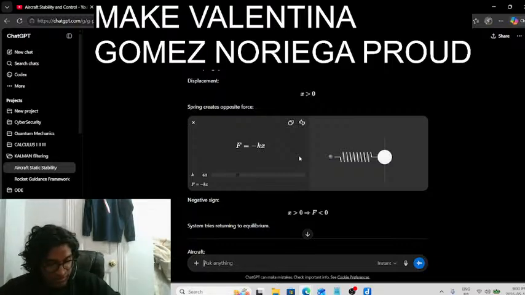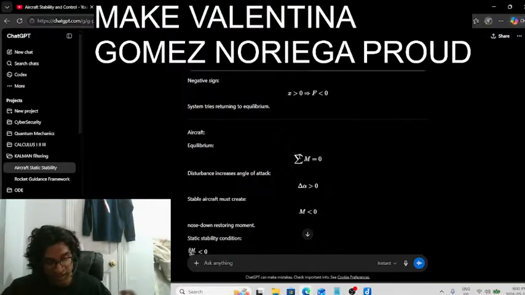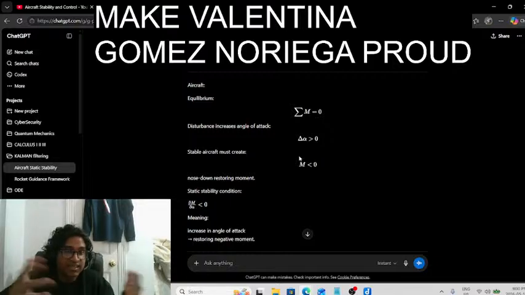This means displacement is always greater than zero. And the restoring force F is equal to minus kx. So x greater than zero, F less than zero.